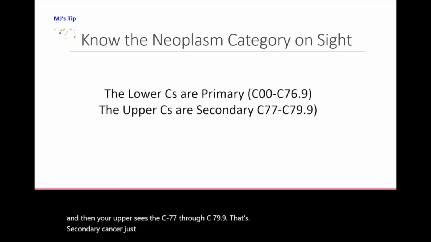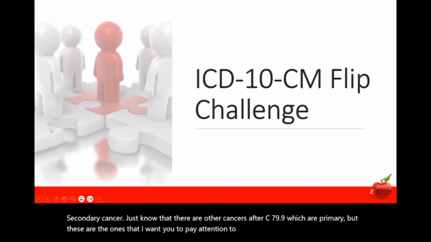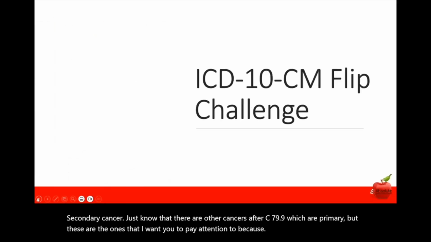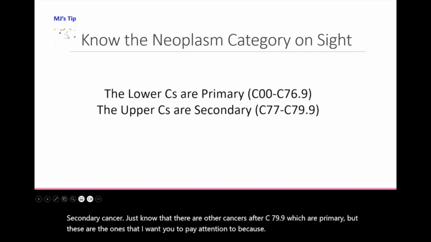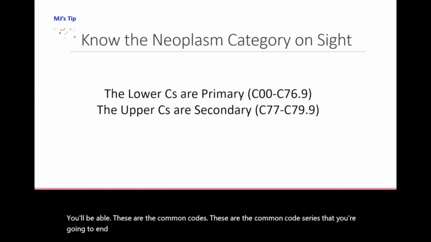Just know that. There are other cancers after C79.9 which are primary, but these are the ones I want you to pay attention to because these are the common code series that you're going to encounter when you take this exam.